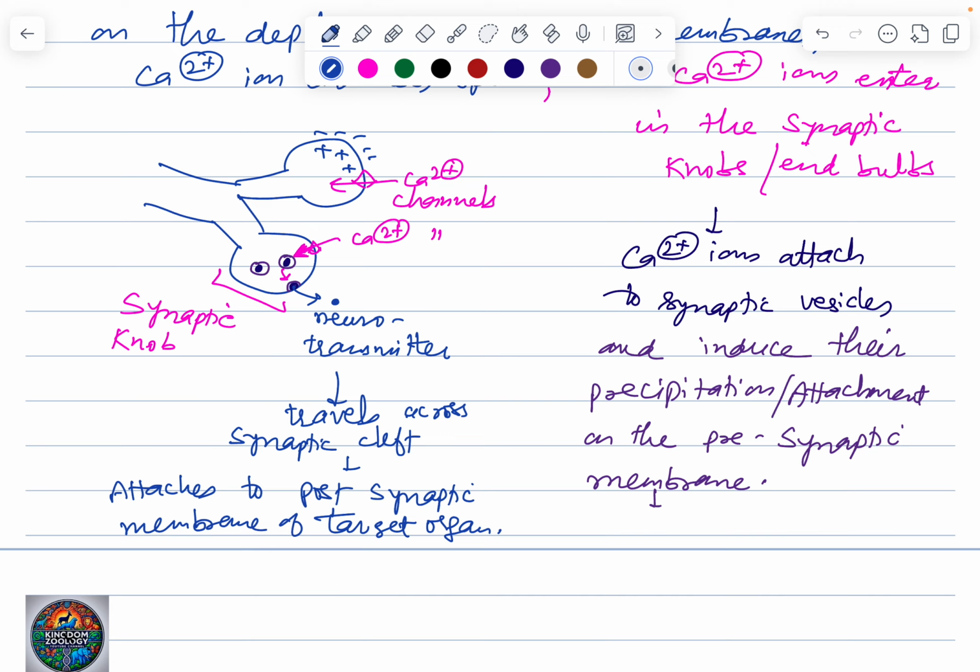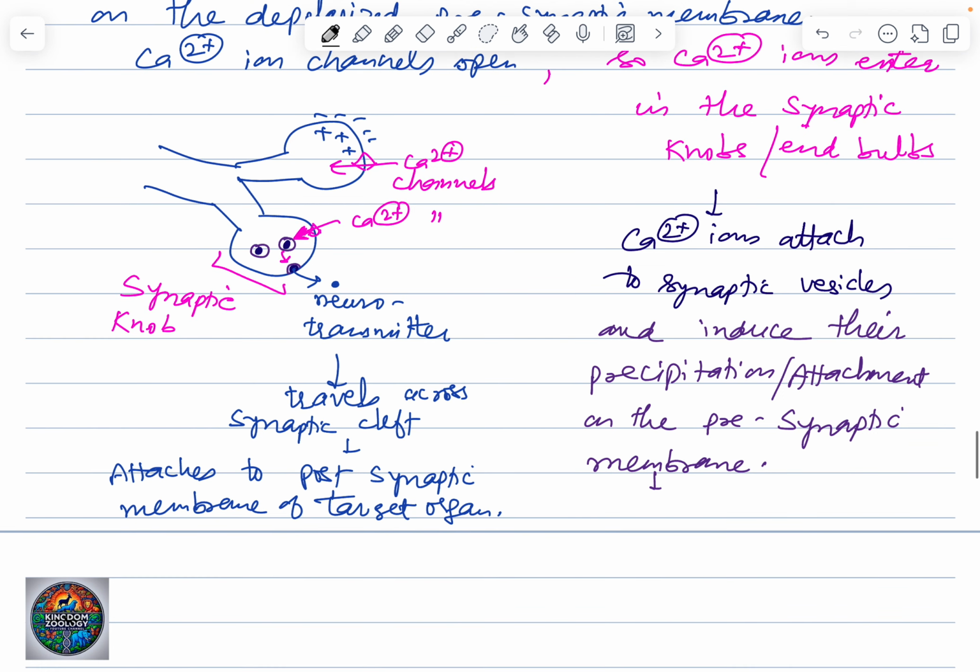So it has done that. What did the calcium ions do? They triggered the release of the precipitation of the synaptic vesicles on the presynaptic membrane.